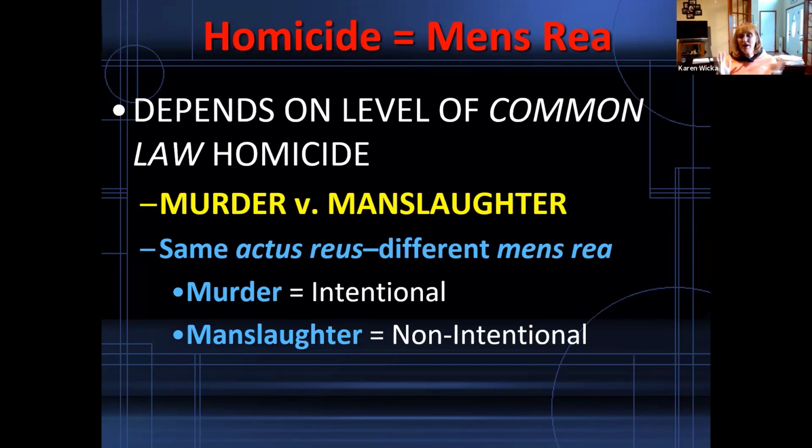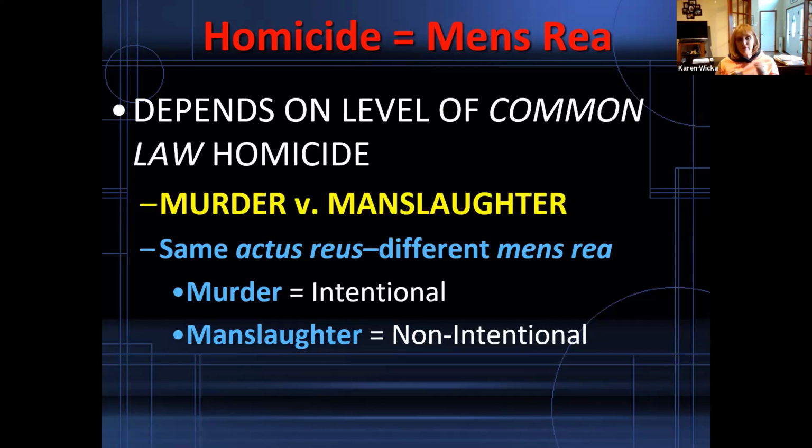So under common law, they broke homicide into two categories, murder and manslaughter. So if you intentionally killed somebody, then that fell under murder. So you actually intended, intentional, that was murder. But if it was non-intentional, so like reckless or negligent, even knowing, that fell under the category of manslaughter. So these were the only two main categories of homicide that existed.